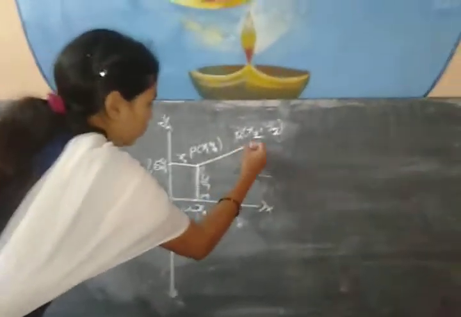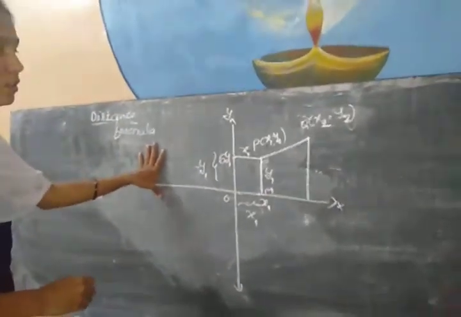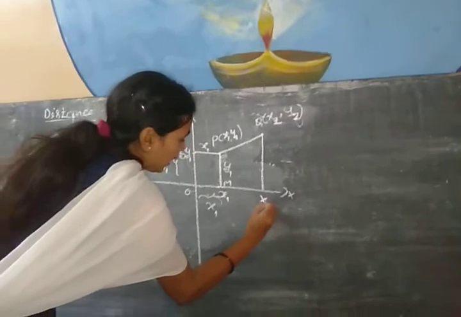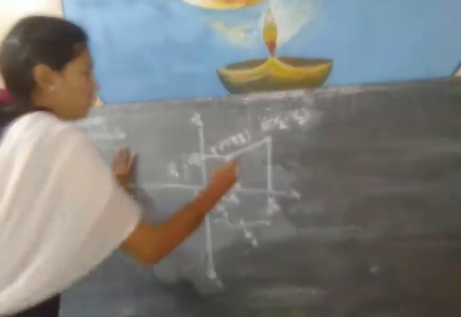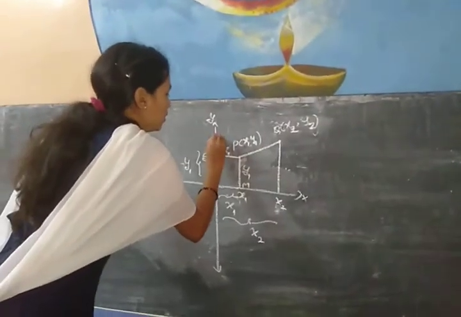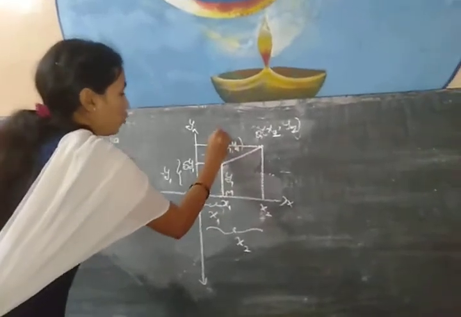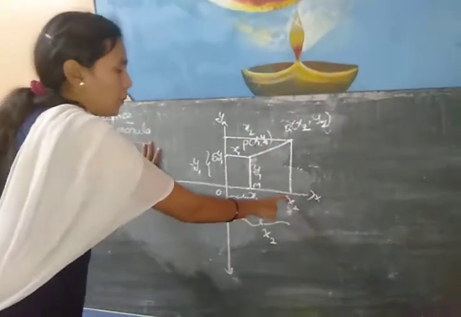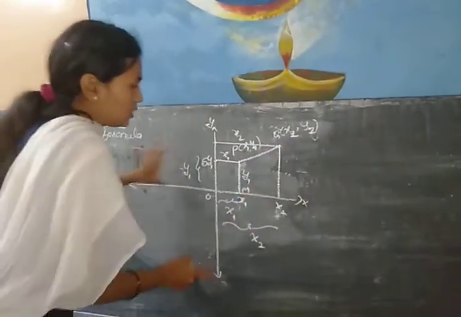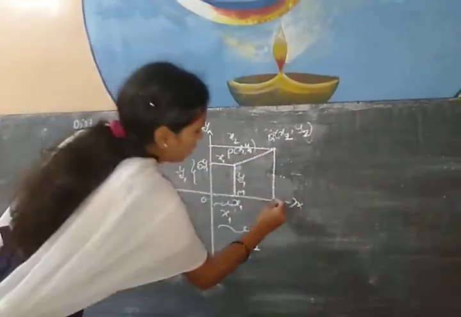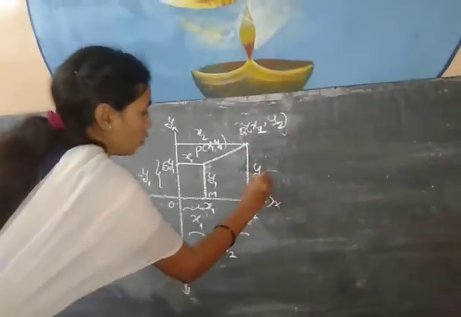Similarly, if you draw the perpendicular line from Q to the x-axis, this value is x2 and this distance is also x2. Similarly, draw the perpendicular line, and this distance is also x2 because these 2 lines are parallel and equal. Now this point is named N, this is Q1, this is y1.